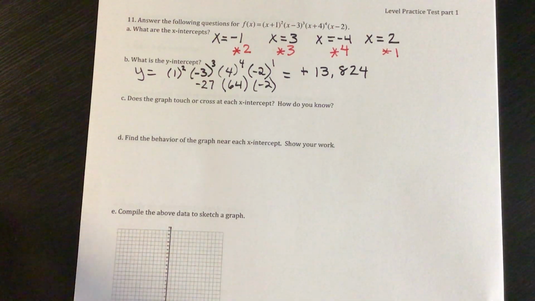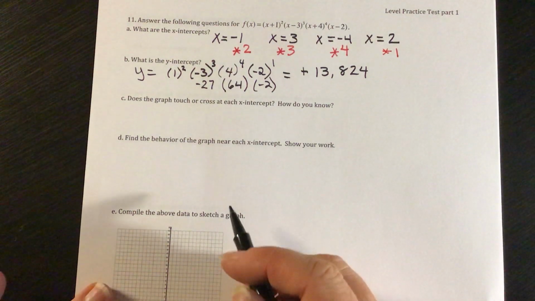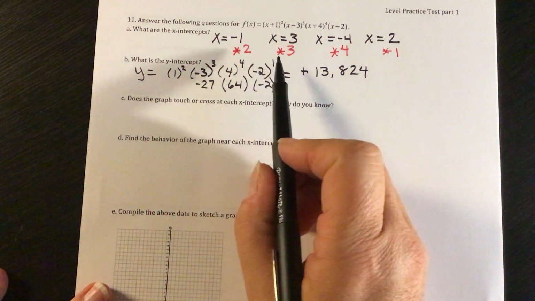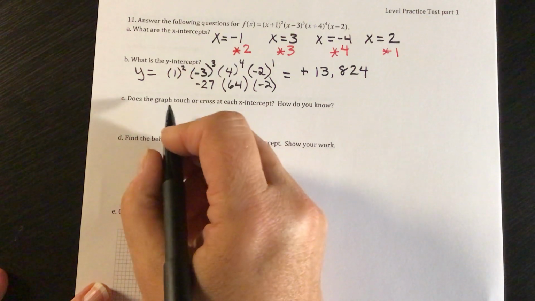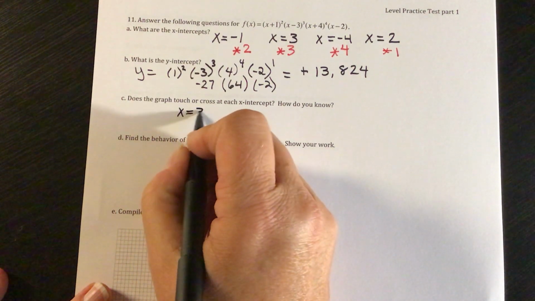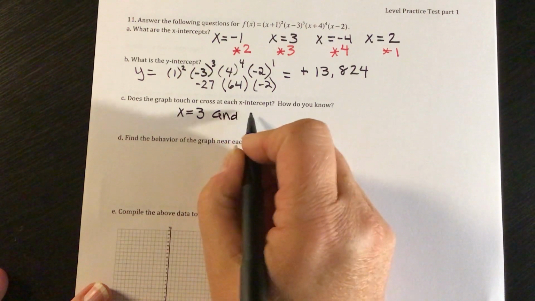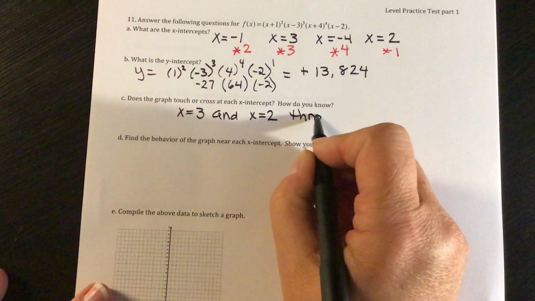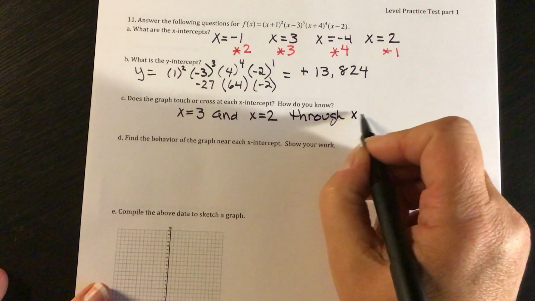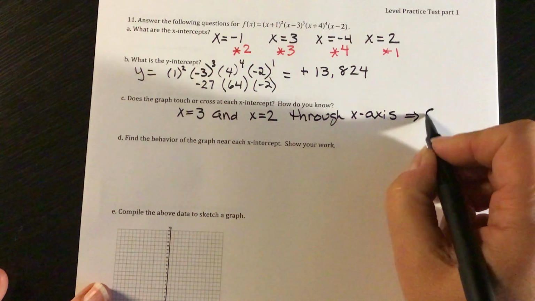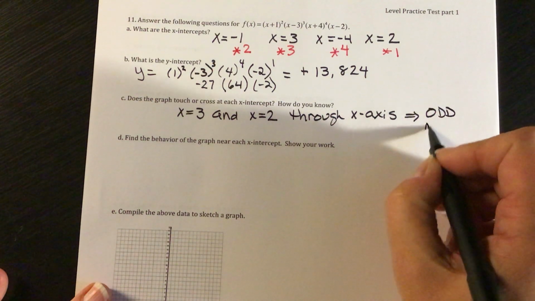So the factors that have an odd multiplicity, it's just going to go through the x-intercept. Okay, so for x equals 3 and x equals 2, it's going to go through the x-axis, and that's because of the odd multiplicity.